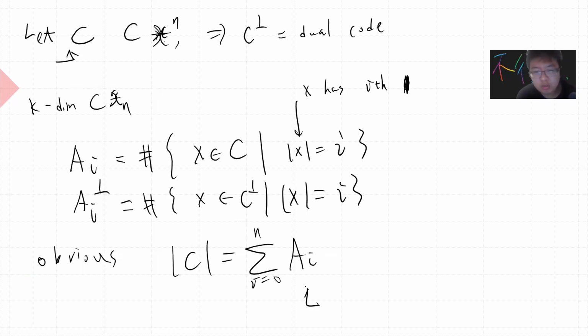And we know that A_0 is 1, because there is only one string of weight 0, the all-zero string. So this is weird. How do I find the connection between C and C dual in terms of these quantities? This is the weird thing that one can compute.